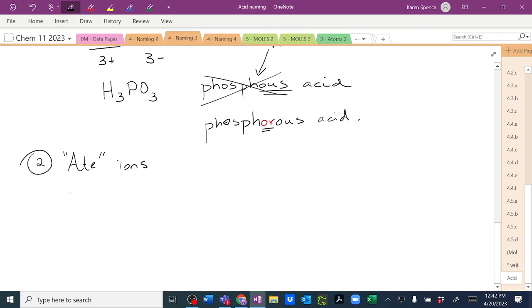And tell your partner if you can remember the mnemonic for remembering the ate ions. I ate something icky. So if I have, again, I could try my NO3 minus is nitrate.